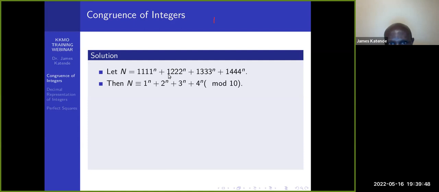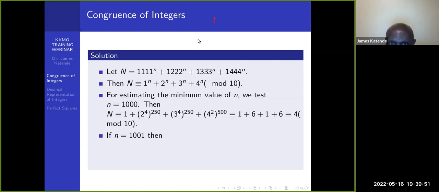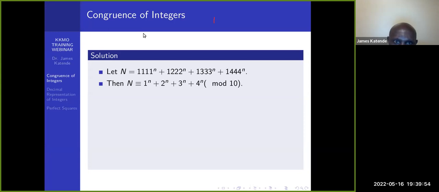In the same sense, if I want the last digit of 1222, I just need to worry about the last digit of 2 raised to n. The last digit of 1333 is the same as the last digit of 3 raised to n. Since all I'm interested in is the last digit, modulo 10, the remainder when this number is divided by 10 will simply be equal to this sum here.